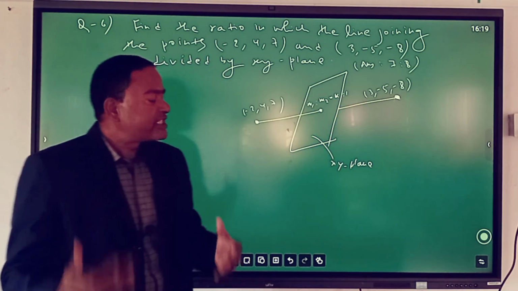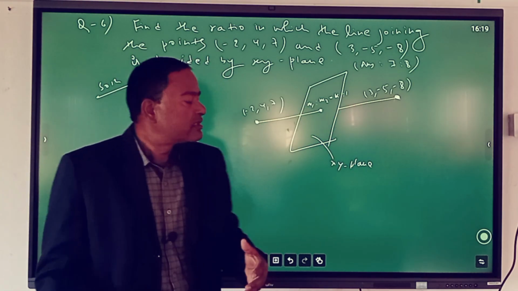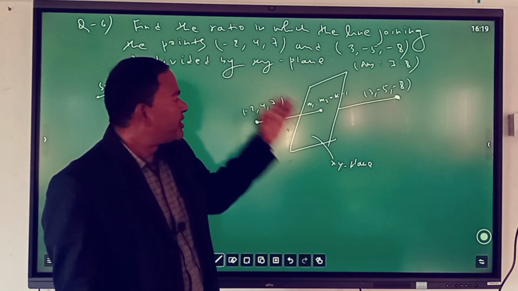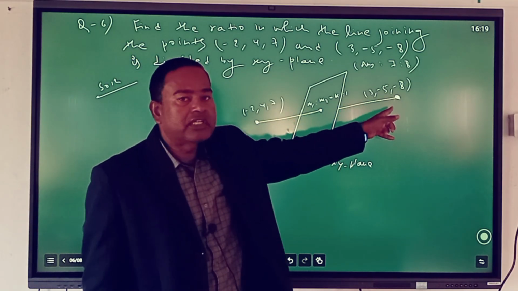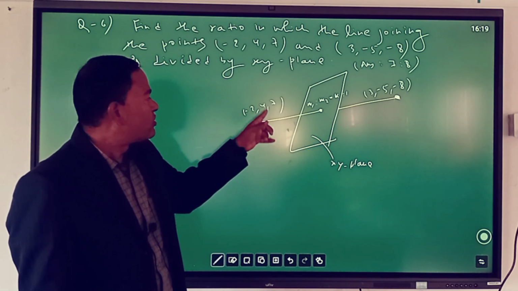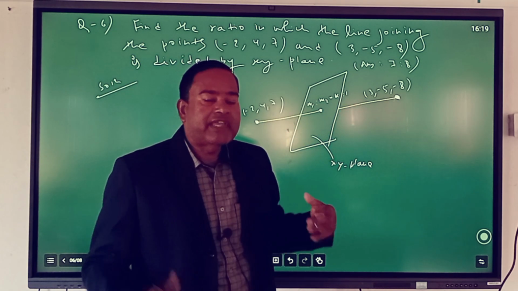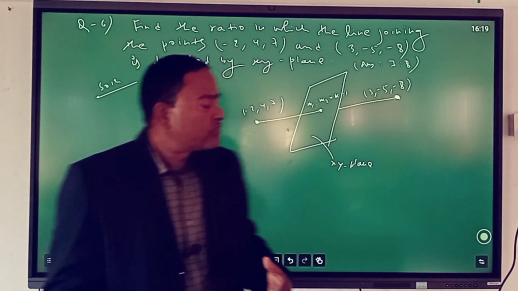We have to find out the value of m1 is to m2, in which the xy plane divides the line joining the given 2 points (-2, 4, 7) and (3, -5, -8). So we have made the diagram according to the question.